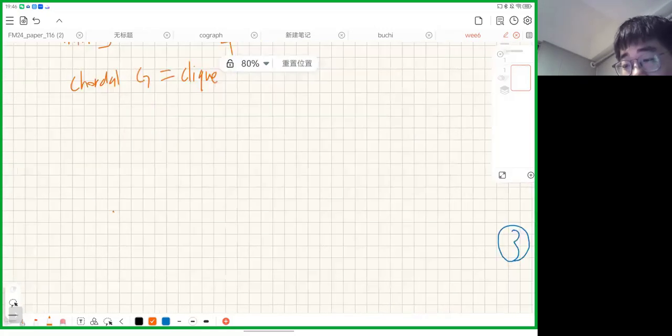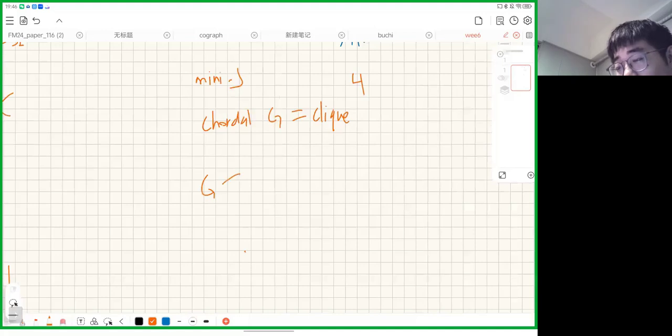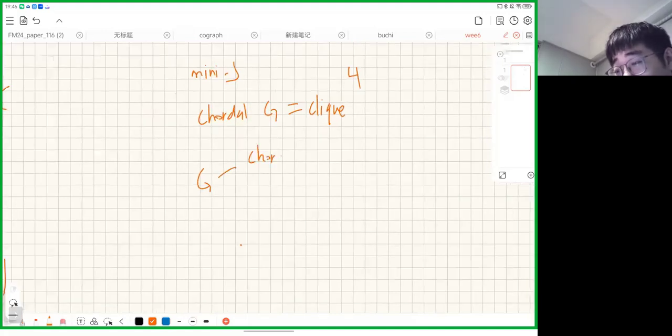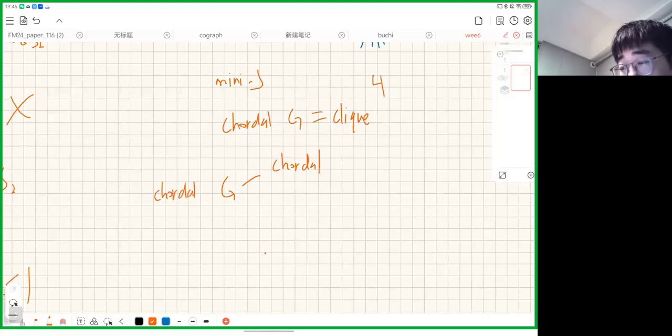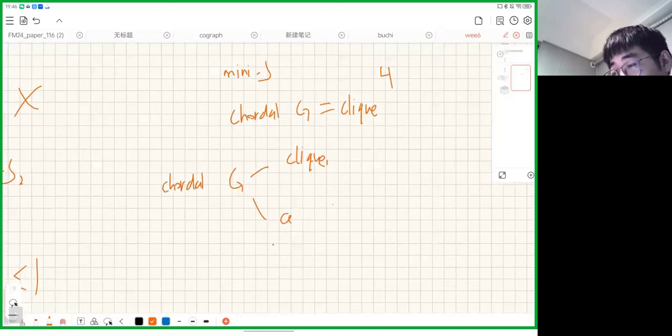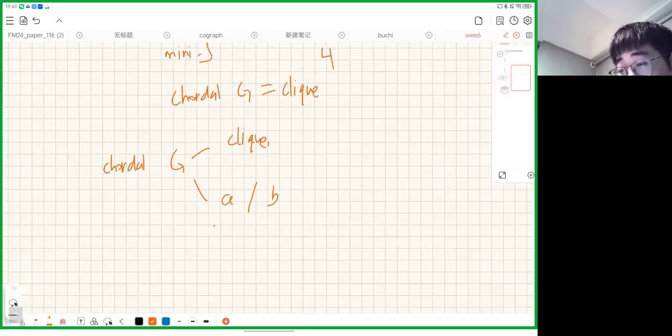For any chordal graph, it is either a clique, or there are two disjoint, non-adjacent vertices A and B, and the graph has simplicial vertices.